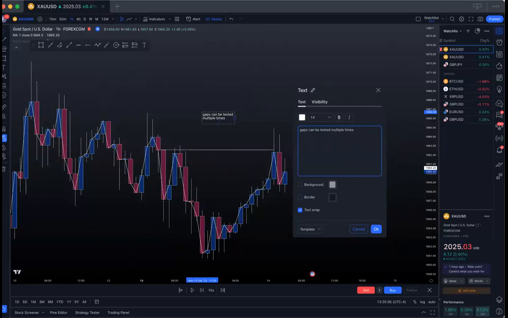In this way of doing things, you're taking the entry at the second test. Once you go to the third tap and above, the probabilities are not so high.